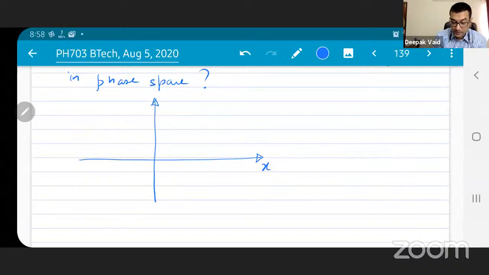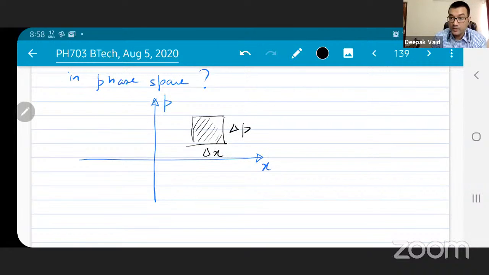Now, what is phase space? It is x and p. These are classical variables, you have to remember. In terms of these classical variables, what is the meaning of an area? This is an area, right? So what is this length? This is delta x. This is delta p.